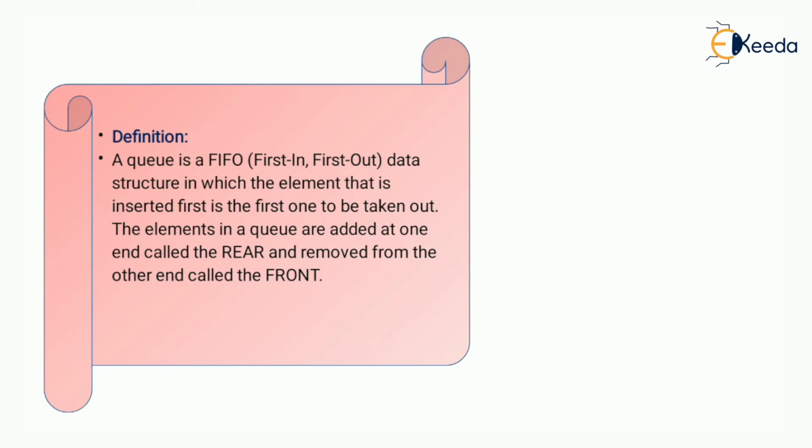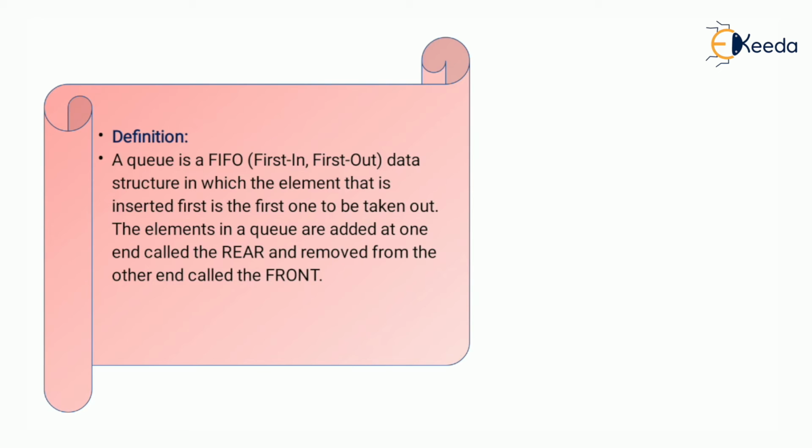A queue is a first in, first out data structure in which the element that is inserted first, the element which comes first inside the array, is taken out first. To elaborate, consider the example of a bank.